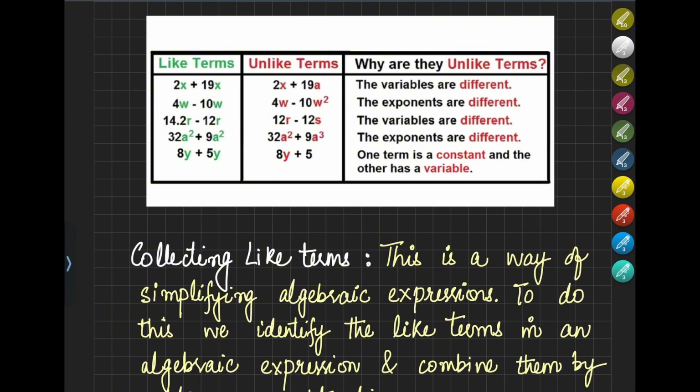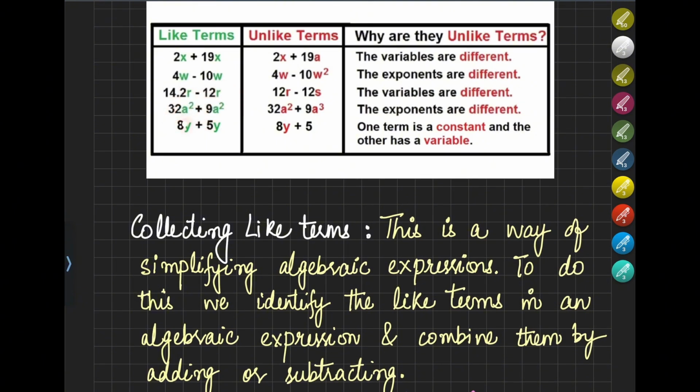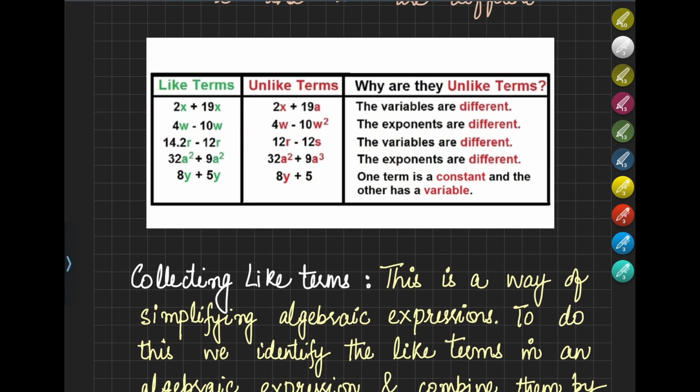In the same way 14.2r minus 12r, the variable is the same and the exponent is also the same. 32a square plus 9a square, the variable is the same and the exponent is also the same. So that is why all the examples given here are called like terms.